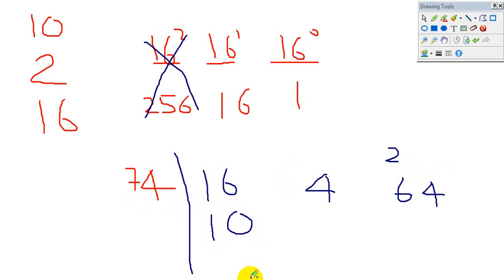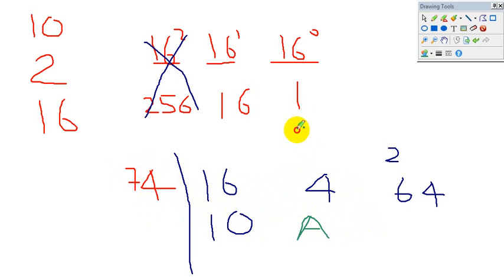In the hexadecimal system, 10 is a single digit, and it's simply represented by the letter A. So how do we annotate 74, a decimal number, as a hexadecimal number? Very simple. It's 4A. There are 4 16s in 74 and a single 10.